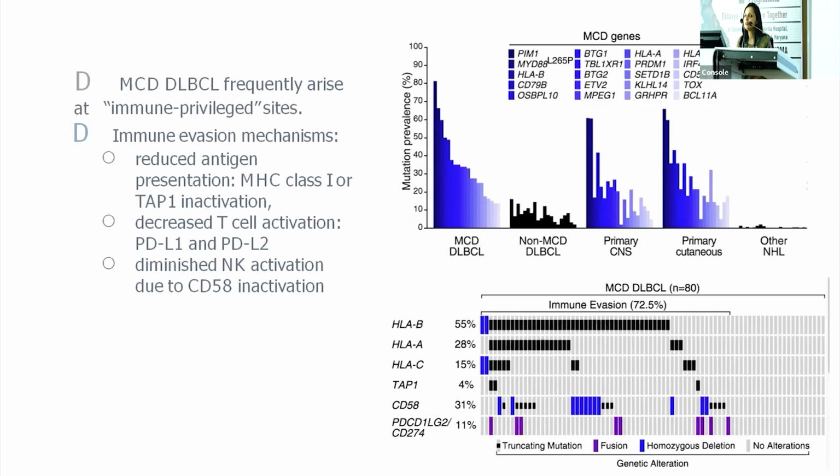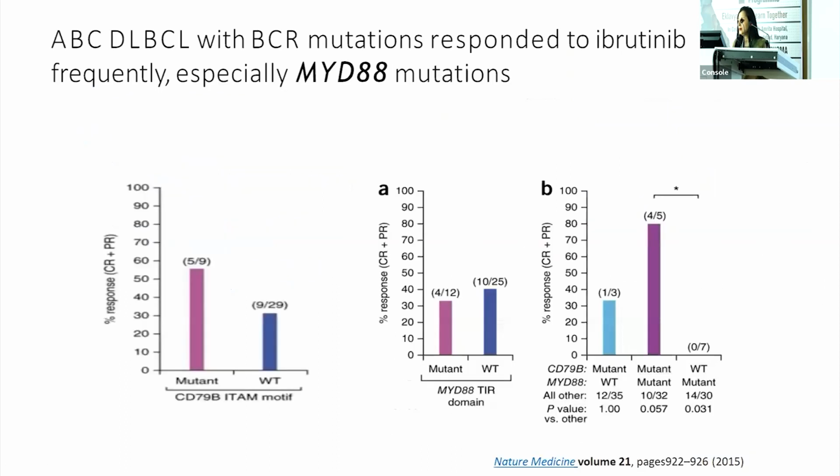Today you are naming this type of lymphoma as this, but at the molecular level, the two names which may seem so different are actually connected. So tomorrow you may have an absolutely different classification system putting them all together. So one thing common in all of them is that they have immune evasion mechanisms. They have reduced antigen presentation with mutation in MHC class 1 or TAP1 inactivation, and PDL1 and PDL2.